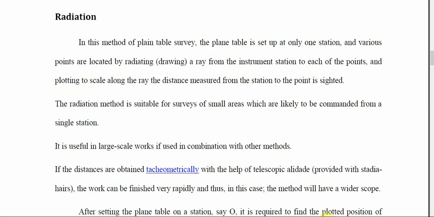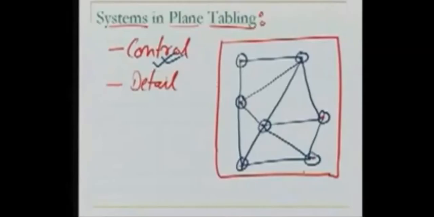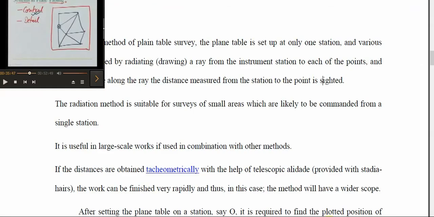The meaning of this is, on your sheet you have the points which are plotted. These points are already plotted, and we can also locate these points on the ground. Now what we have to do, by making use of these, is fill in the details.